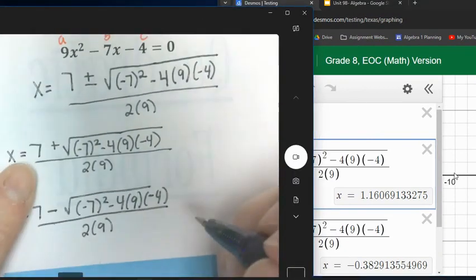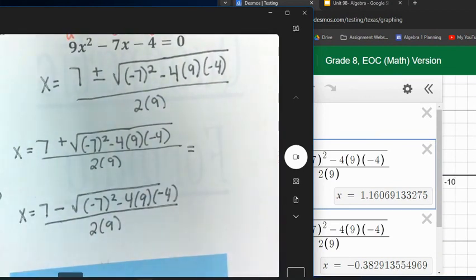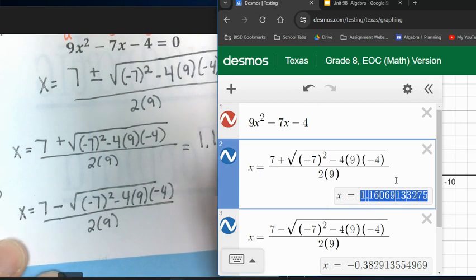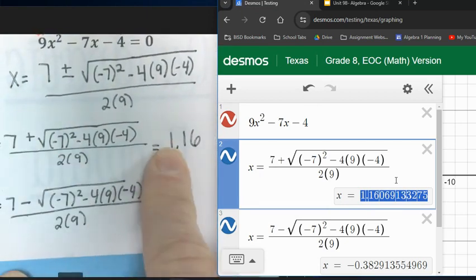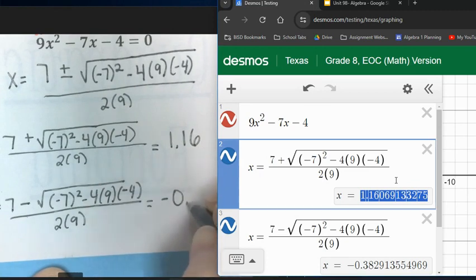Okay, so the plus was 1.16. So if you look over here at Desmos, it comes out to be 1.16. So I'm going to write that in my notes. Then the other one came out to be negative 0.38.